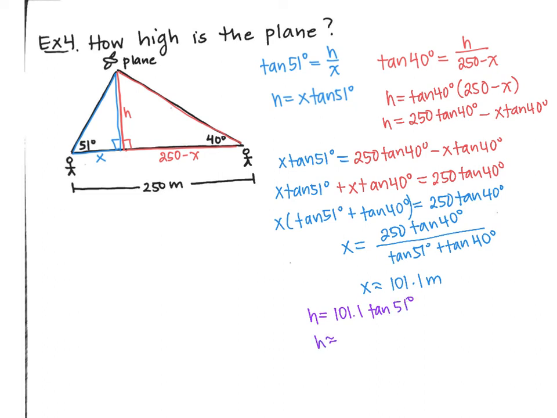If I put that in my calculator, I get about 124.8 meters as an approximation, and that seems kind of reasonable. If you were asked for an exact answer, then I would take this giant expression here, times it by tangent 51 degrees, and just leave it as a big fraction, and that would be a great exact answer.